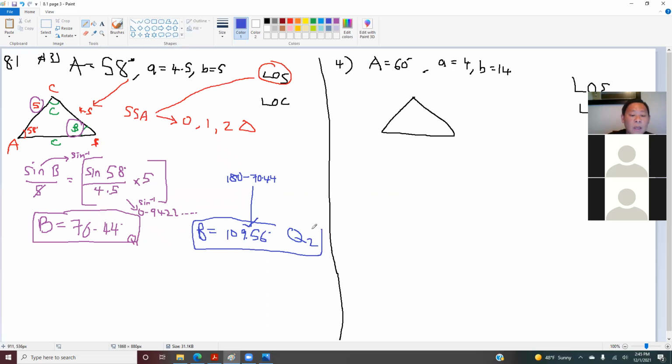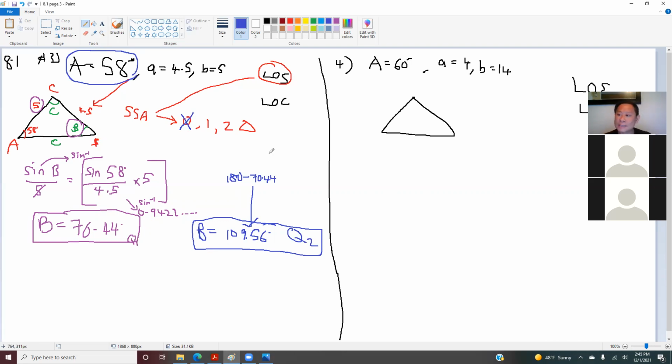Okay. Now this is the one that you need to watch out for to figure out how many triangles. Now we definitely do not have zero triangles. The reason is because when you use your calculator, you got an answer, right? You only get zero triangles when you get an error. So now we figure out, are we having one or two triangles? Don't forget the question gives us one extra angle, 58.